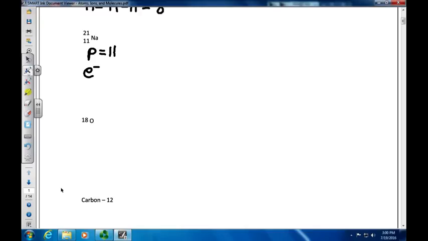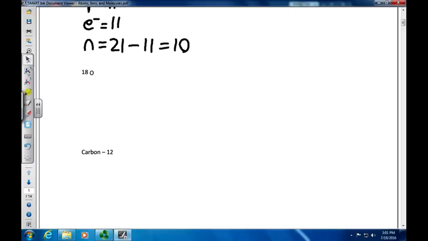And the number of electrons is equal to the number of protons when we are not referring to an ion. So the only variable here is the number of neutrons, which in this case would be 21 minus 11, which gives us 10. So there are 10 neutrons in sodium-21.